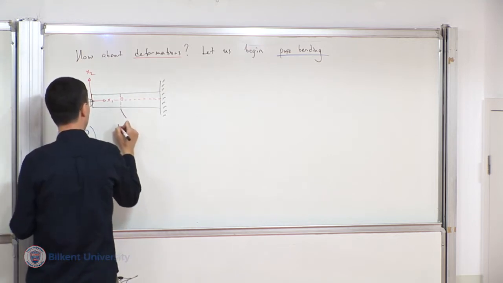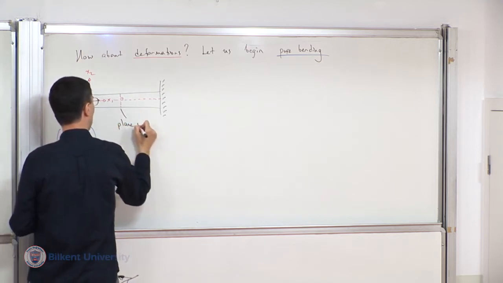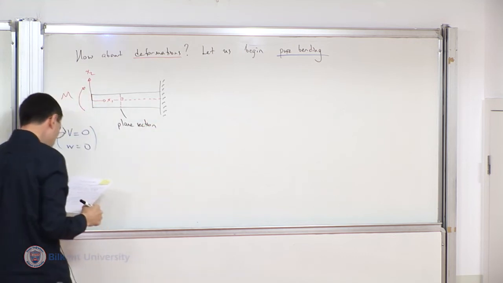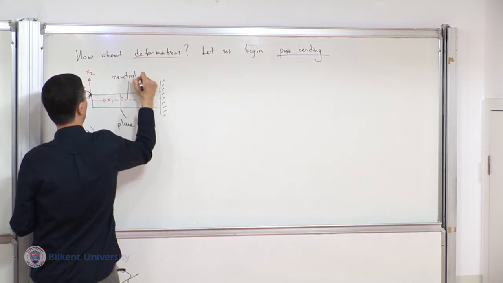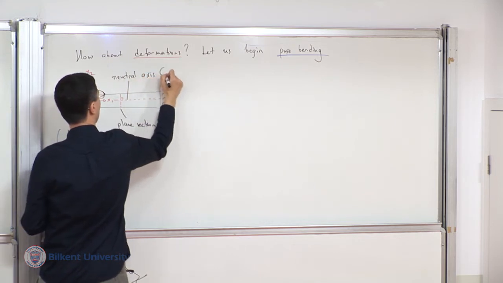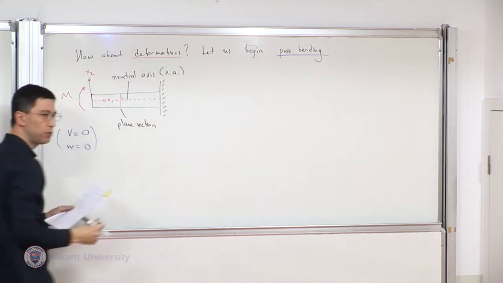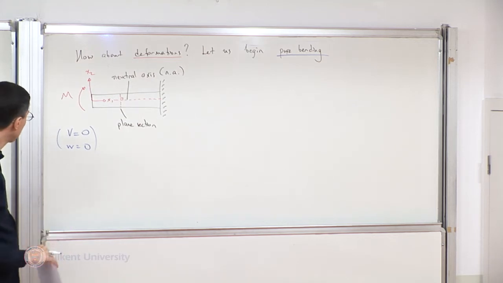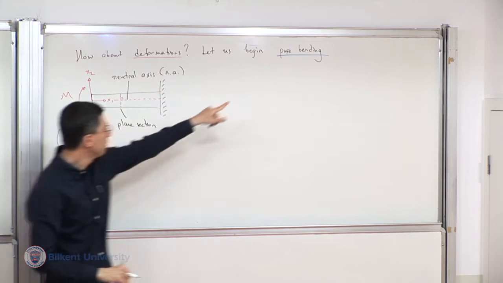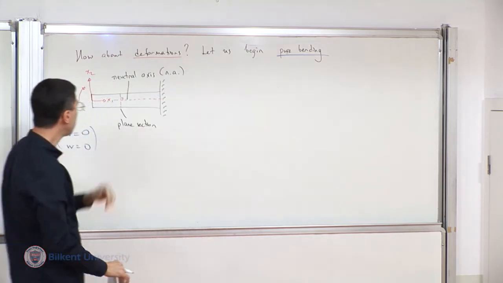So this is my plane section that I will keep referring to, and this is our neutral axis. I'm going to abbreviate that, because I don't want to write it again and again, with NA. It doesn't mean not available, it means neutral axis. So, pure bending, and hence I underline that. It's a very specific scenario.